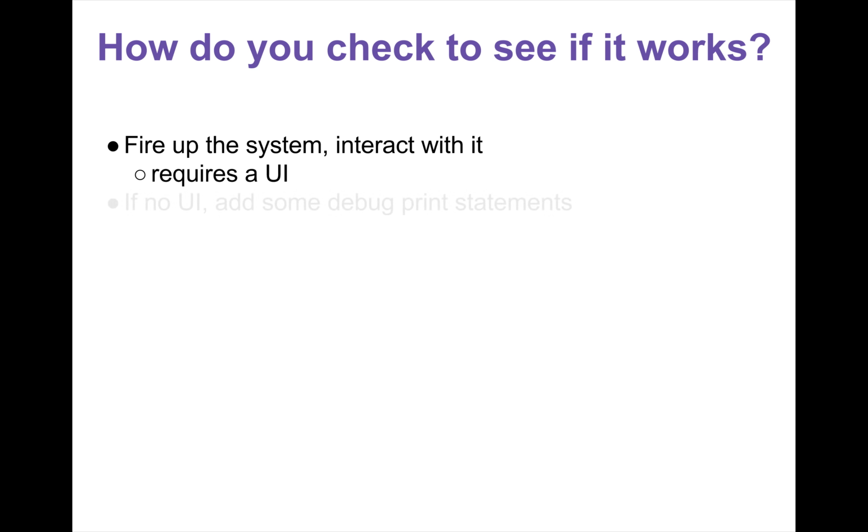Now, the problem is that you may want to check some scenarios that are kind of hard to manually check with the UI. For example, imagine that you're building a chess game, and one of the rules in chess is that if nobody ate a piece in the last 50 moves and nobody moved a pawn, then the game ends in a tie.